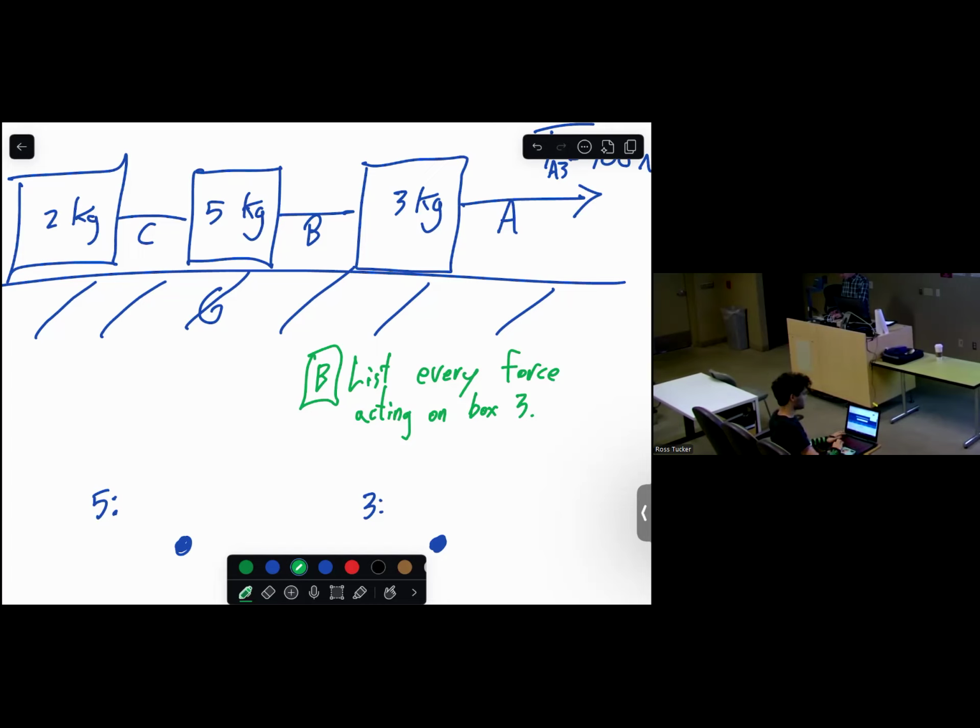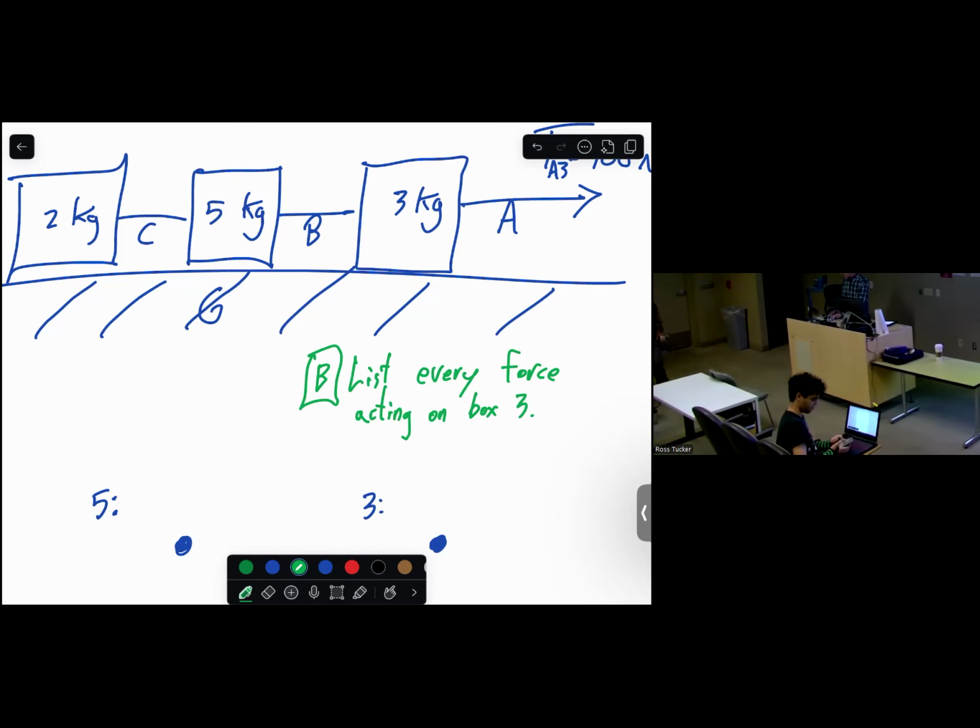I'll give you another hint, and that is that I did not give you any information or hint that there is friction in this problem. If there is friction, I'll give you an indication. Assume there is a planet.